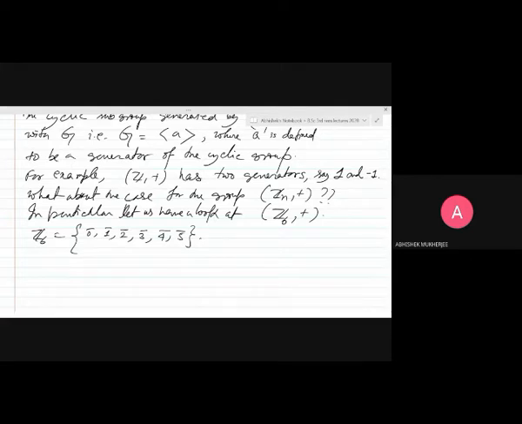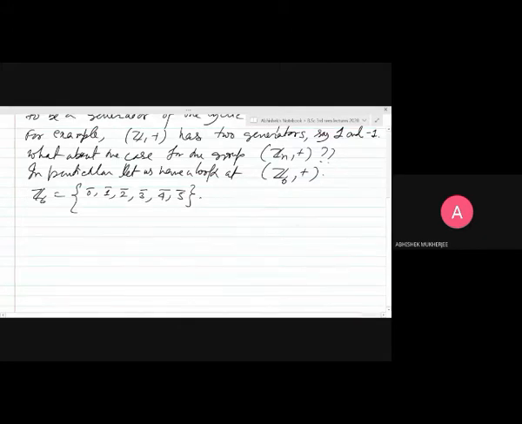Can you guess what would be the generator of this group, if it exists? Now the natural guess is 1 class.